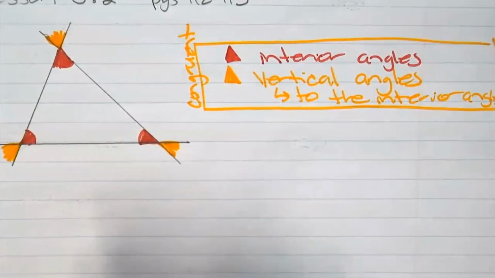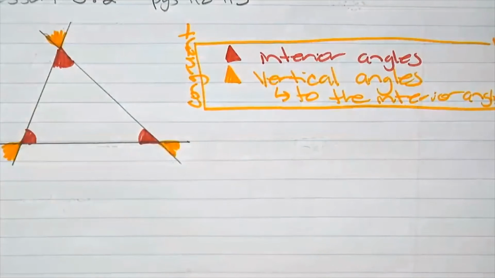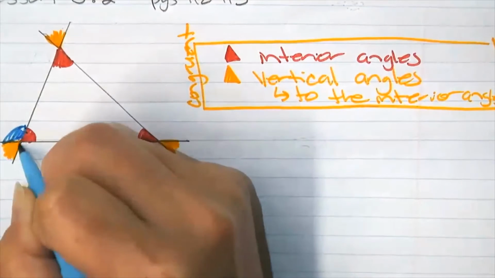So you're right, they are on the exterior, but we don't really consider them exterior angles because they're congruent to the interior angles. Does that make sense? Okay. So that leaves these angles.